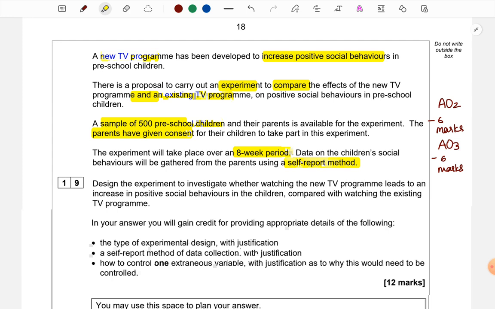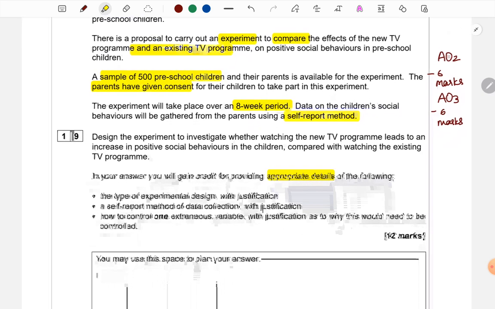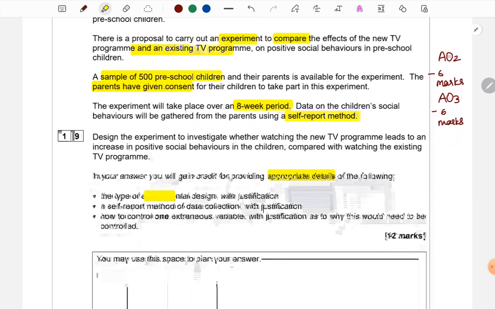In your answer, you will gain credit for providing appropriate details of the following. Firstly, the type of experimental design with justification. A self-report method of data collection with justification. How to control one extraneous variable with justification as to why this would need to be controlled.